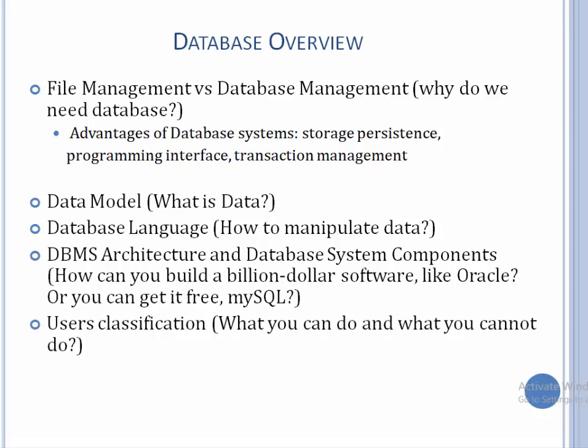But when we use a database management system or a database, it reduces the access time, and you can update the data as and when required, or retrieve the data, or manipulate the data. One more difference from file management is that if you want to access the data stored in a file, you must know the location of the file.